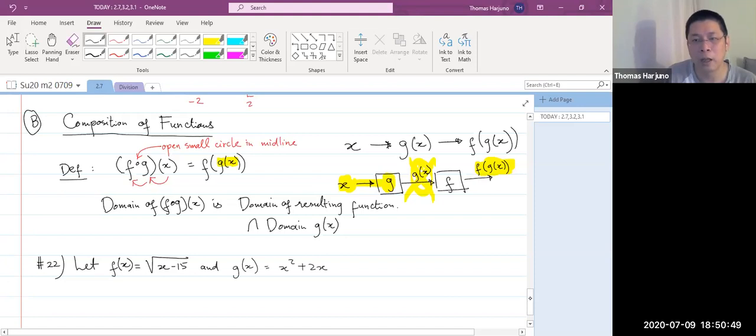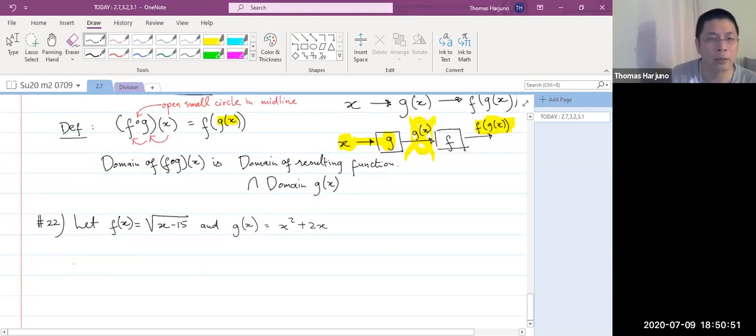Part A, find f compose g of x and its domain.